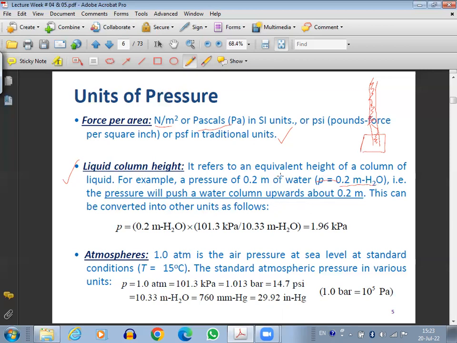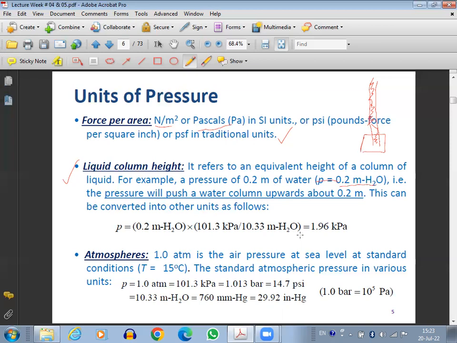So it refers to an equivalent height of a column of liquid. For example, a pressure of 0.2 meter of water. The pressure will push the water column upwards about 0.2 meter. This can be converted into other units. For example, Newton per meter square can be converted into Pascal. It's actually equal to Pascal.